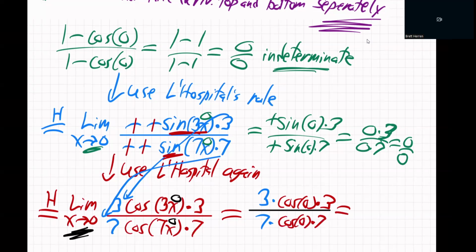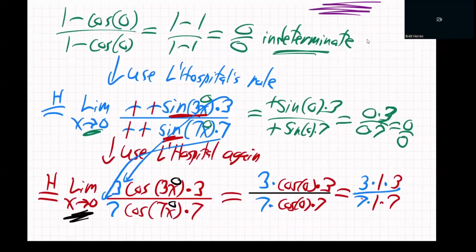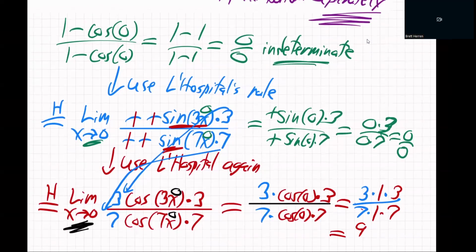And what is the cosine of 0? It's 1. So we have 3 times 1 times 3 over 7 times 1 times 7. So when all is said and done, 3 times 3 is 9, 7 times 7 is 49.